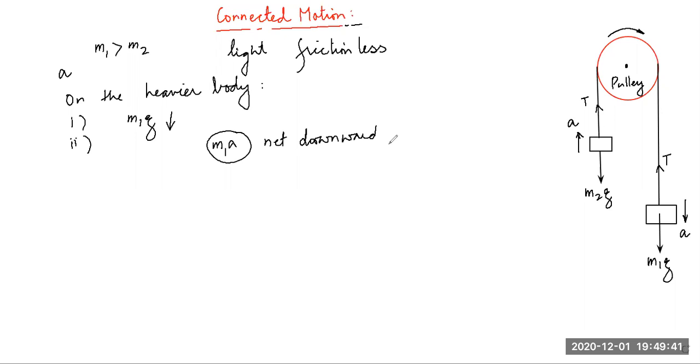So obviously then we can say net downward force m1a is equal to what? m1g is the weight which is acting downwards and tension T is acting upwards. So m1a is equal to m1g minus T. Yeah, you can also say that.